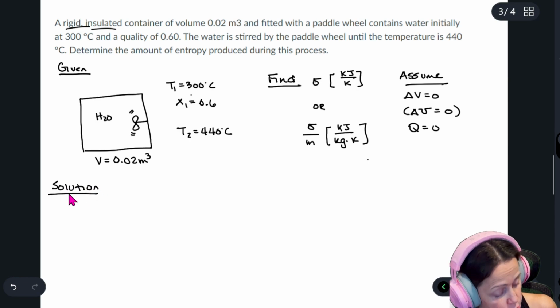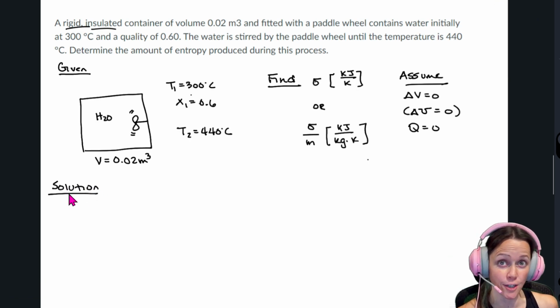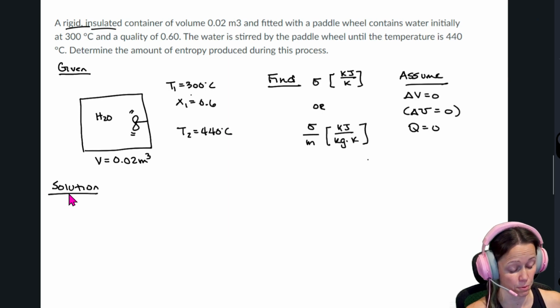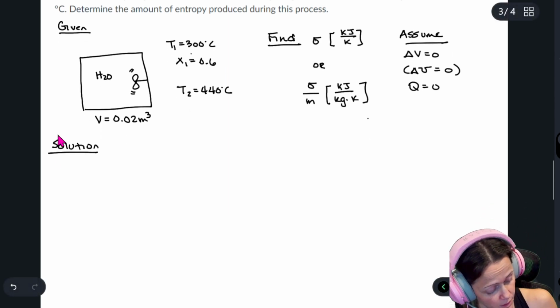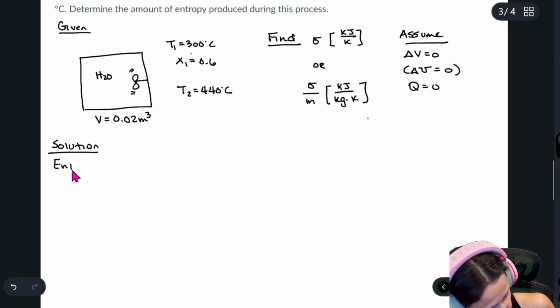All right. So the first thing that I'm going to do is, since they're asking for the amount of entropy produced, put my entropy balance for a closed system.